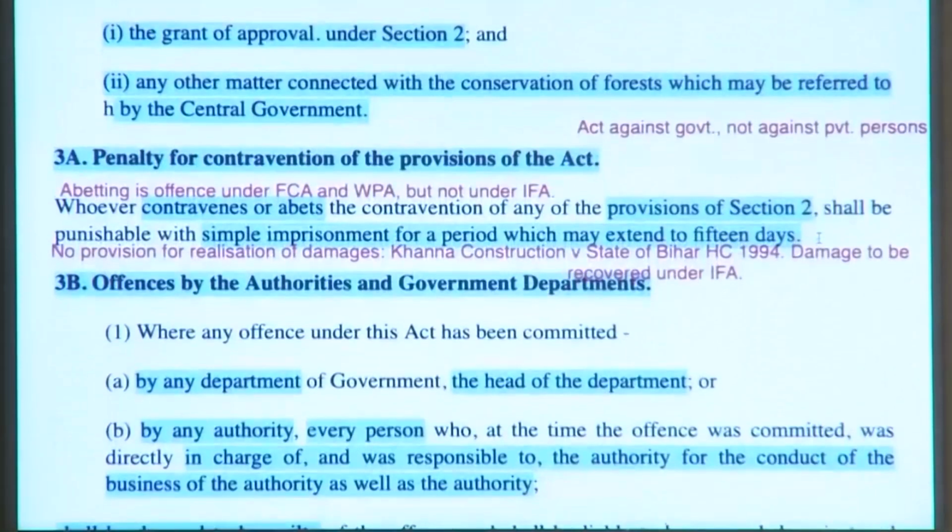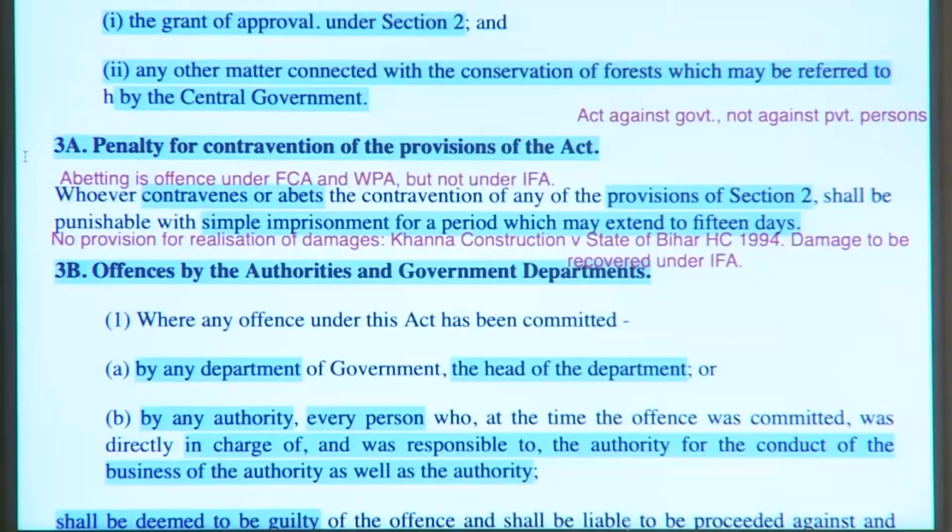And the penalty for the contravention is very simple. Section 3A, whoever contravenes or abets the contravention of any of the provisions of section 2 shall be punishable with simple imprisonment for a period which may extend to 15 days, just 15 days of simple imprisonment.